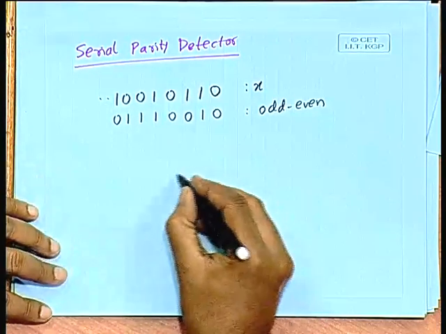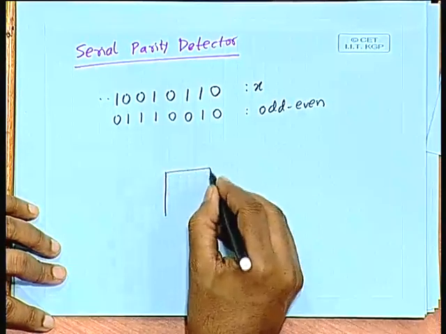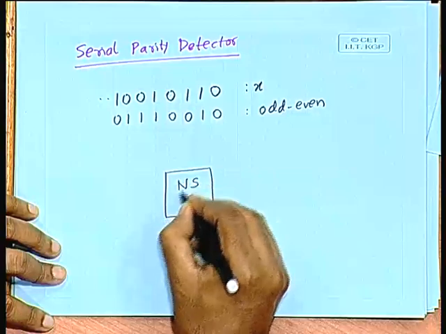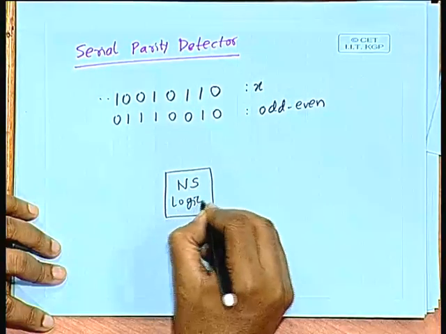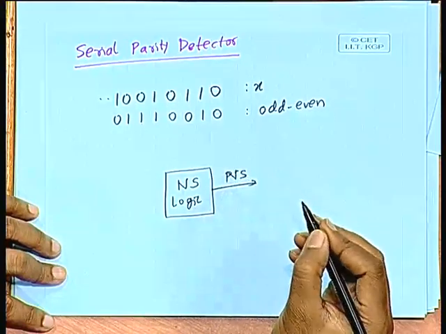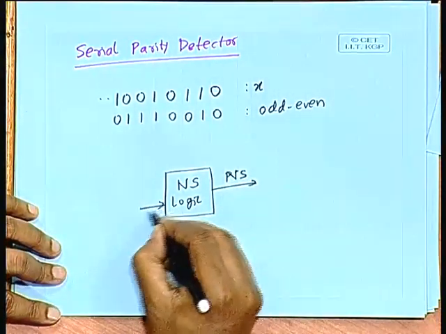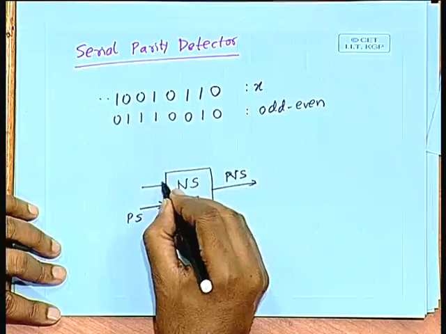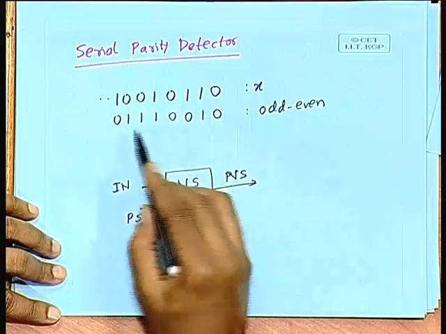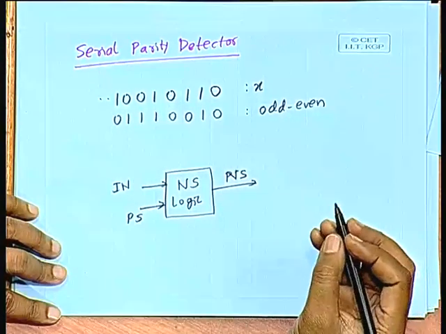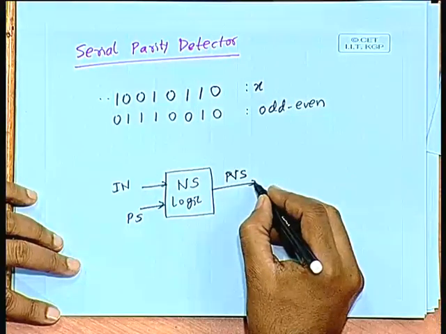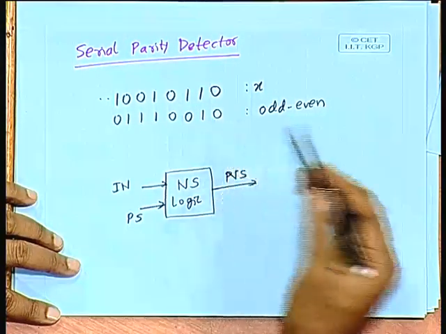Now, you look at the model of the Moore machine again. There is a next state logic. Next state logic generates the next state in response to the present state and the present input. But in this example, whatever is the present state, from the state you can directly derive the output.